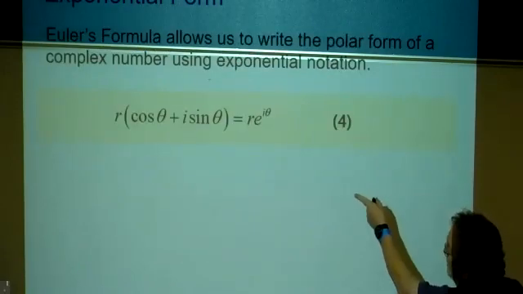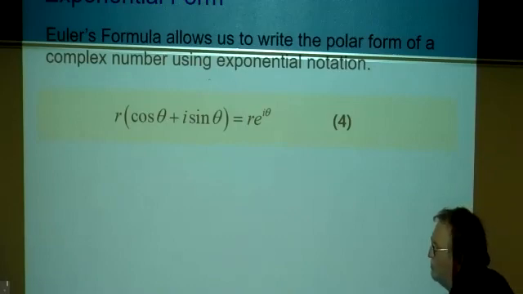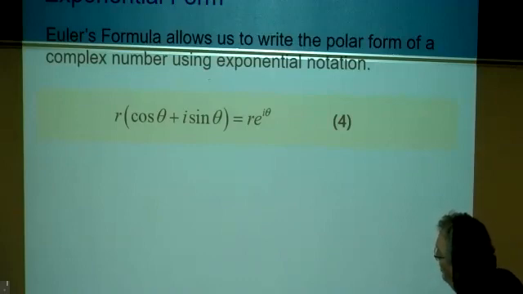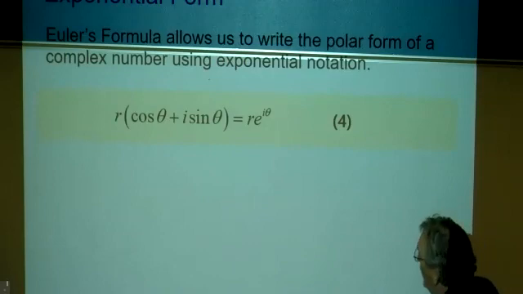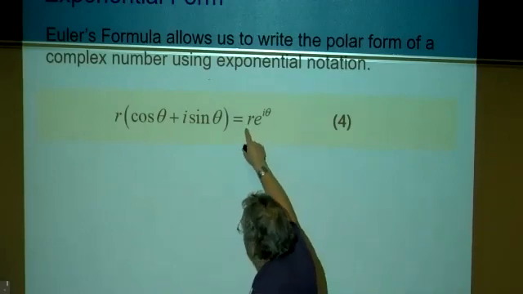All right, so here we go. If you know the angle and you know its modulus, you can write it as r times e to the i theta, where theta is the variable in this case, and r is a known quantity.